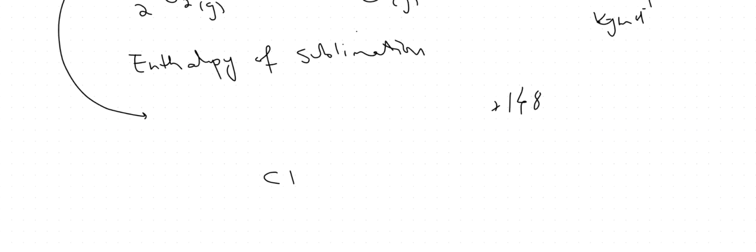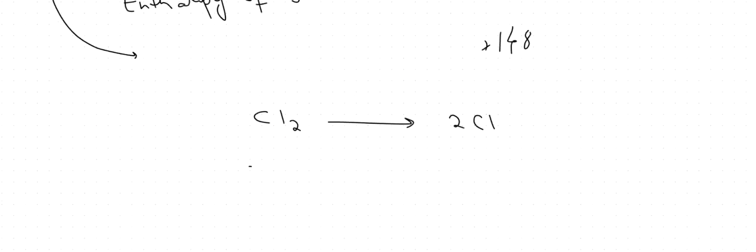You want to convert it into 2 chlorine atoms by breaking this chlorine single bond. This is your 1 covalent bond. When you do this, you create 2 chlorine atoms. But the one thing is both your reactant side and your product side should be in the gaseous state.